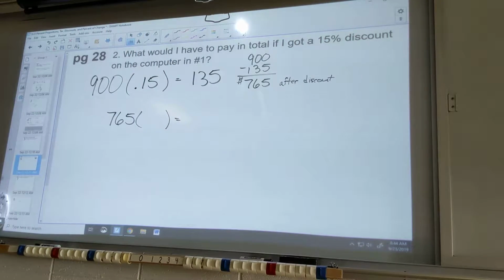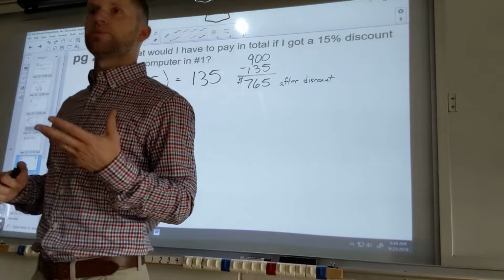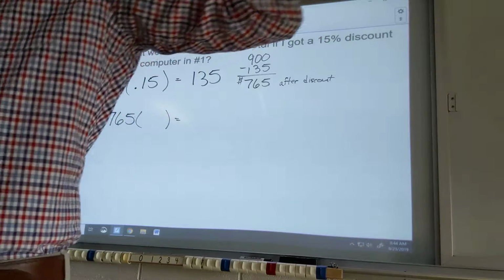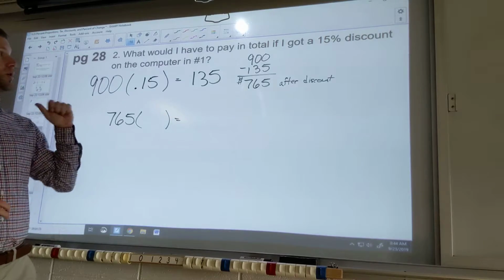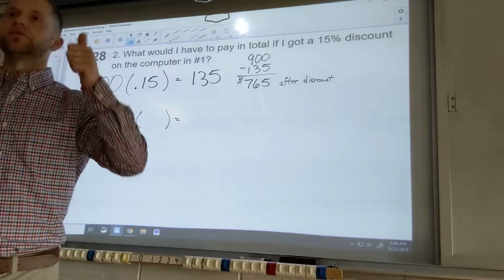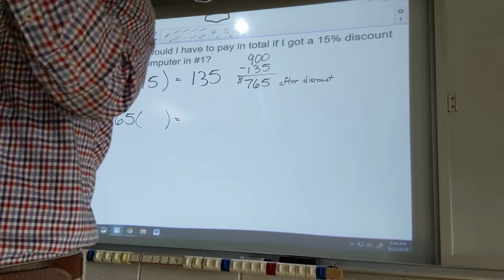Now, there are two different things we can multiply here. What would they be? Remind me from the last problem. 1.07, that would take care of it all. Or we could do what?